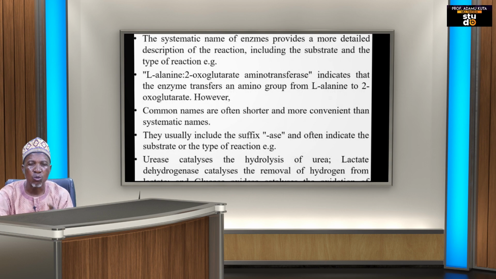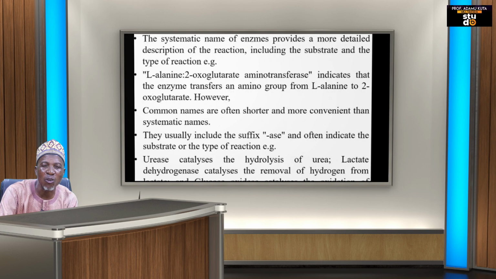So when you see L-alanine 2-oxoglutarate aminotransferase, from the aminotransferase it tells you it belongs to class 2, and from the name it is transferring an amino group from L-alanine to oxoglutarate, and the position of transfer is on carbon 2.